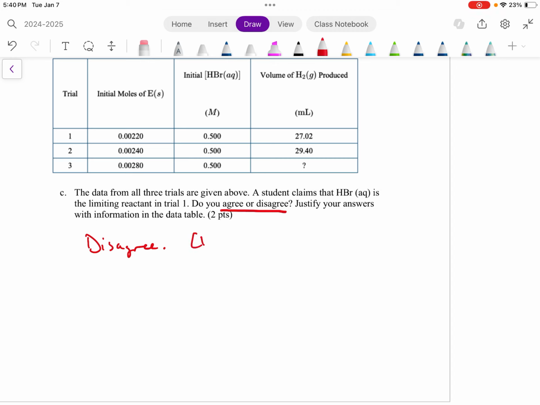So you're saying HBr remains constant, but E changes, creating more product.